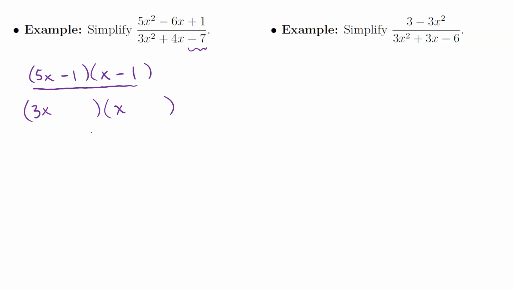But what you can do is say this, the only way that I'm going to be able to simplify, or in other words, the only way I care if this factors, is if one of these two factors can cancel out with something that's on the top. Well, since neither of these have a 5x, nothing's going to cancel out with 5x minus 1. So my only hope is that maybe I can cancel this x minus 1 out.